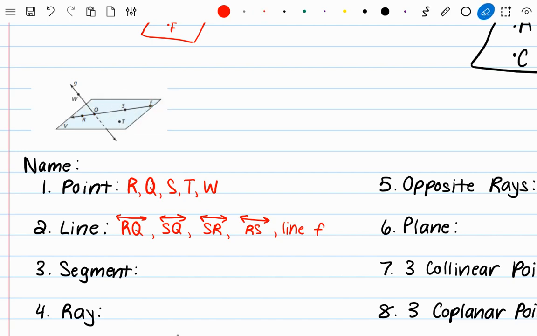Now a segment has endpoints. So one case would be segment RQ, or segment QR, or segment SQ, or segment QS, or segment RS. Order does not matter here.